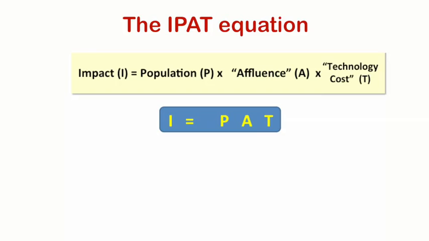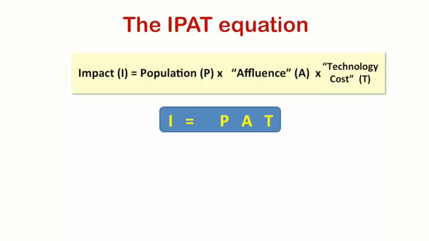The IPAT equation says that the impact on the environment, I, is related to the population size, P, multiplied by the affluence A, which represents the materials consumed by the population, and then multiplied by the technological cost, T, of producing the materials for consumption by the population.